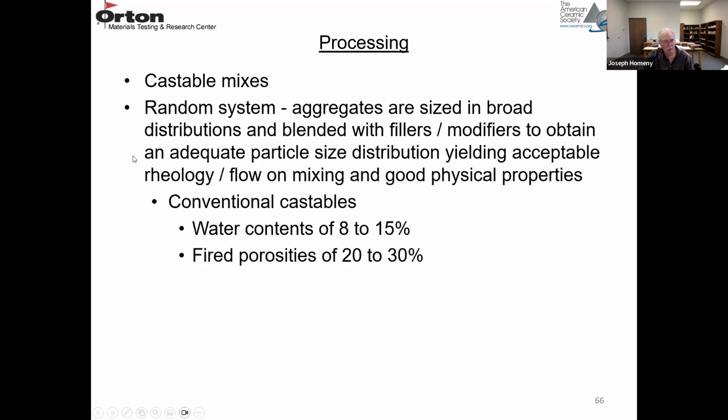So this is not a very controlled particle size distribution. For conventional castables, we're looking at maybe 8 to 15% water during the casting process, and the porosities are going to be pretty high, 20 to 30%.